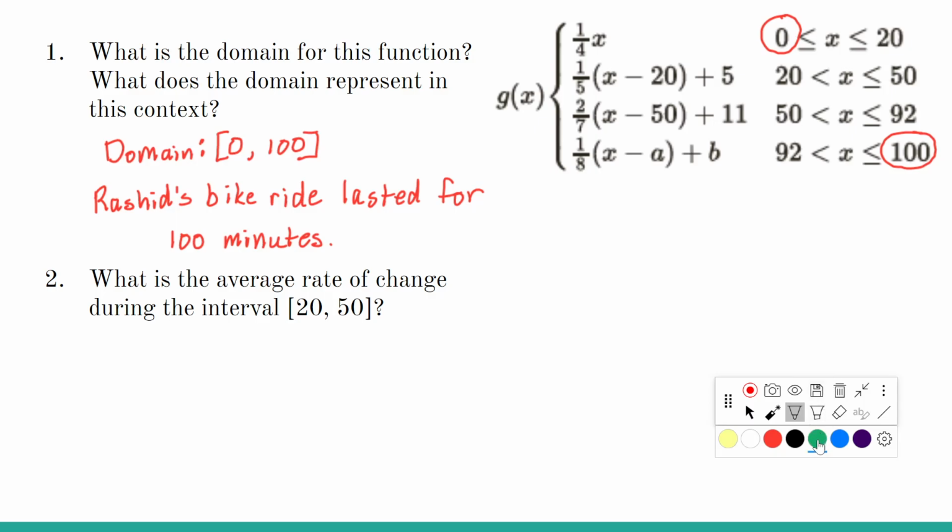Number 2 is asking us to find an average rate of change during the interval 20 to 50. So if we look at the interval 20 to 50, well, we have our first interval ends at 20, so we'll use that to find the value at the end of 20 minutes, and then the 50 is the end of the interval for the second subfunction.